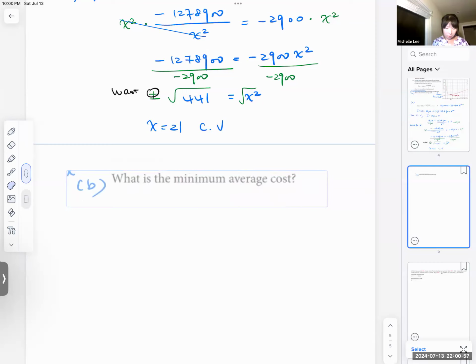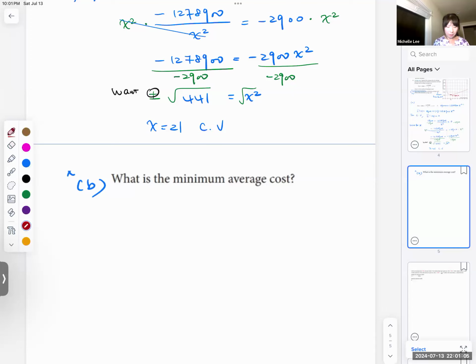So we found earlier, this means when x equal to 21, what is C over 21, right? The average cost.